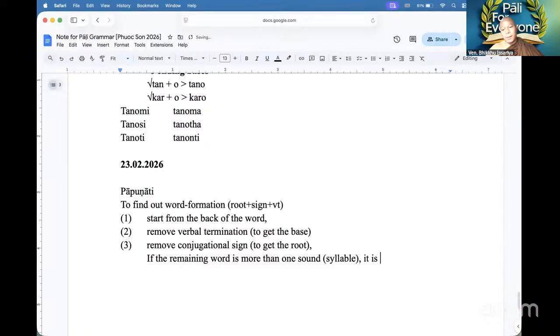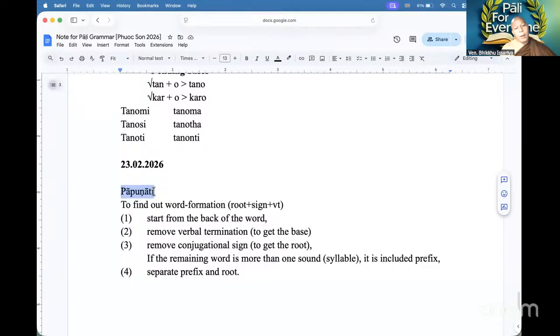It may include a prefix. So the last step is to separate the prefix and root. With these 4 steps, we can solve it.